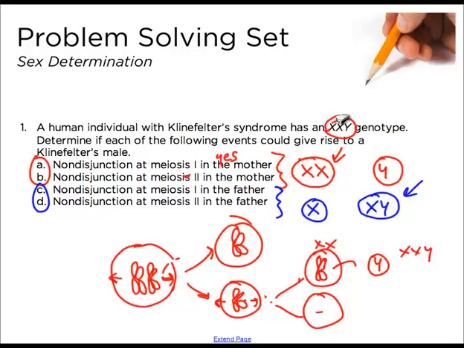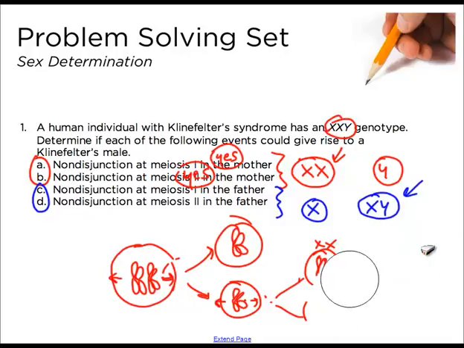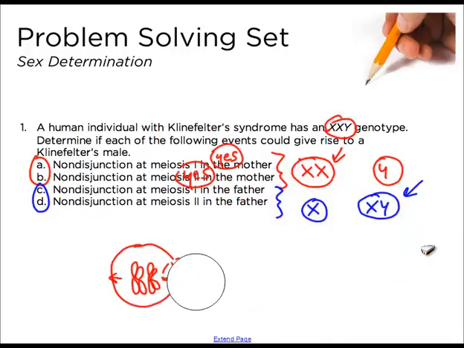So the point is, it's not exactly the same, but whether non-disjunction occurs at meiosis 1 or meiosis 2 in the mother, both of those things can cause the production of gametes that have two X's, which is, remember, what the whole question we were asking over here was, and they can create a Klinefelter's male.